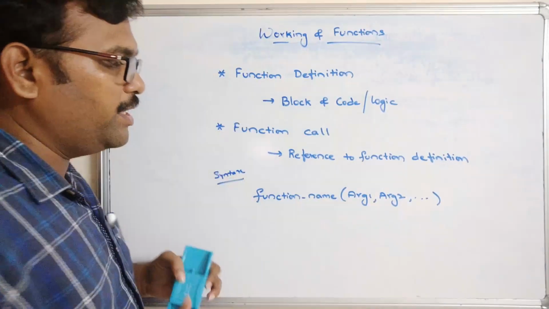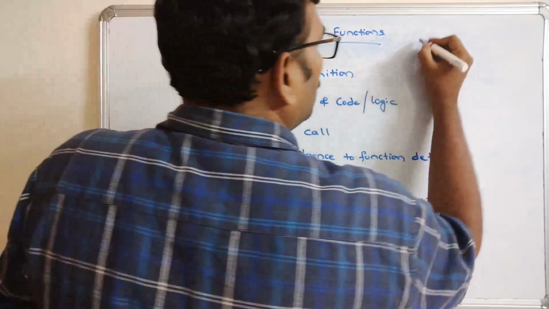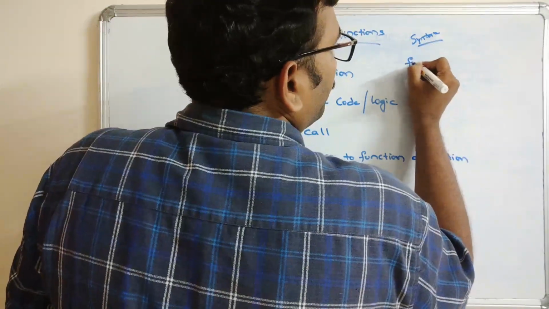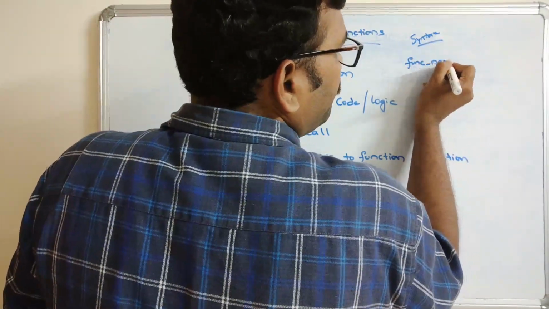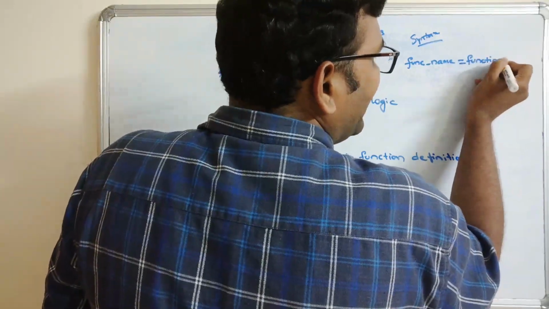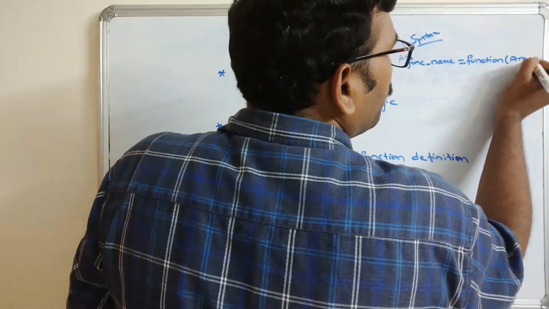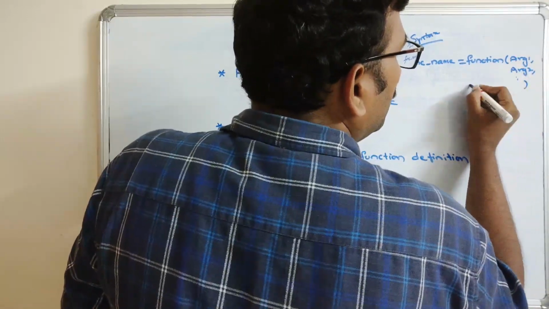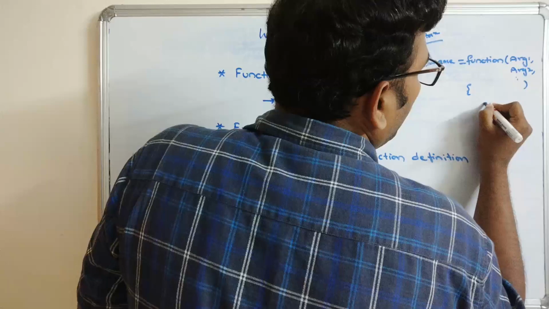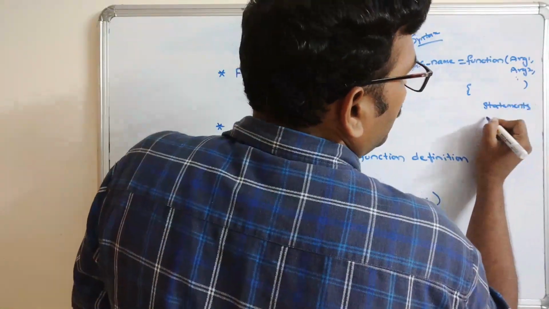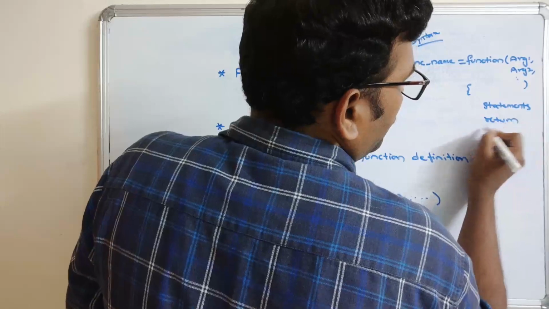And the syntax for function definition, I'll write here. Function name is equal to the function keyword, and here you need to write argument 1, argument 2, and so on. Open the braces and write down the statements that need to be executed, and return.